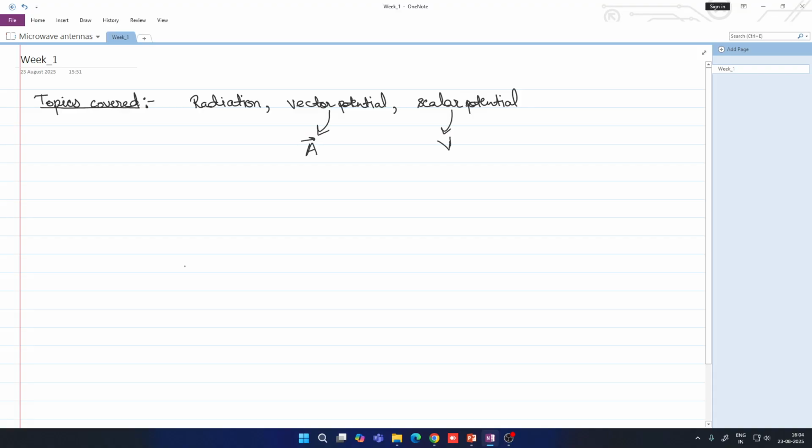The major concept that we saw in this week's lectures is that we selected a quantity called A, which is the magnetic vector potential. If we want to find the radiated electric and magnetic field from a source, let's say the source can be a current source with a current density, or a magnetic current.